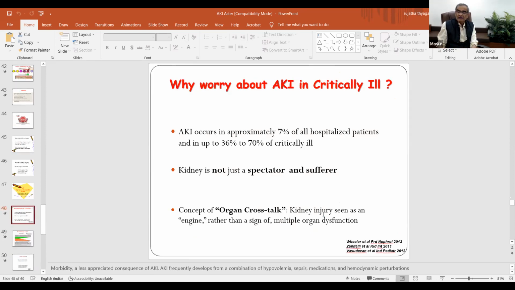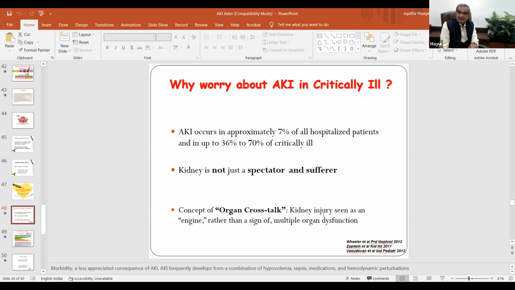Why do we worry about AKI in the critically ill? Because it's quite common. That's one. And the kidney is not just a spectator and a sufferer in a critically ill child. Nowadays we talk about the concept of organ crosstalk.